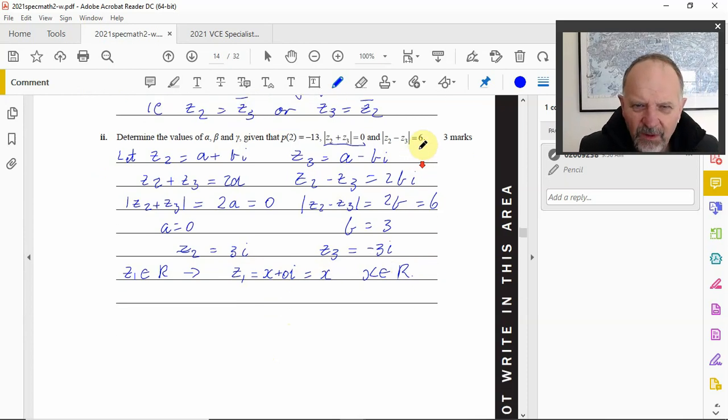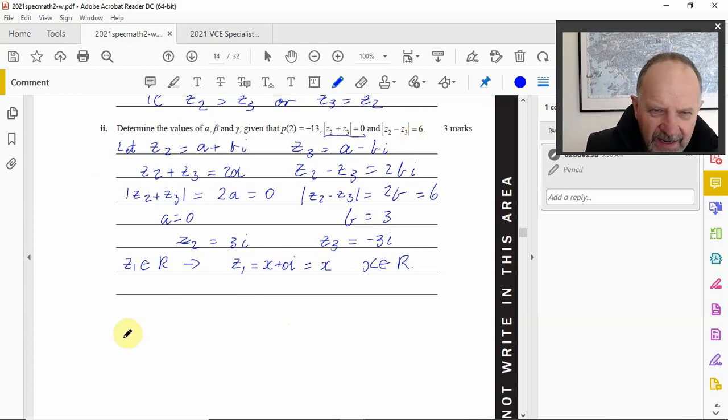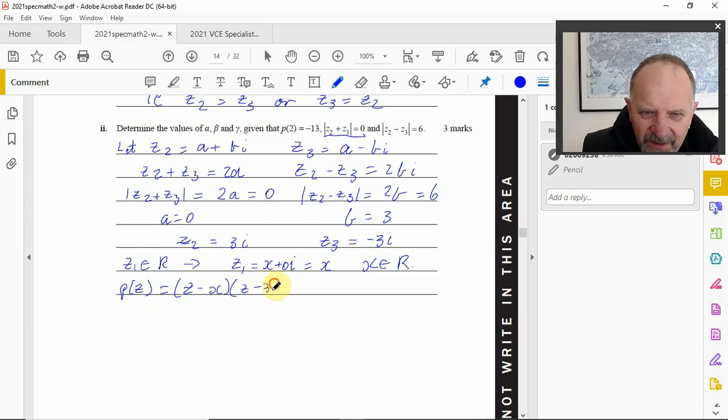So why have I done that? Because now I'm going to write that polynomial, P(z), and I'm going to say that that polynomial is (z minus x)(z minus 3i)(z plus 3i).